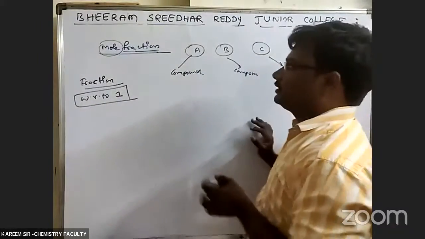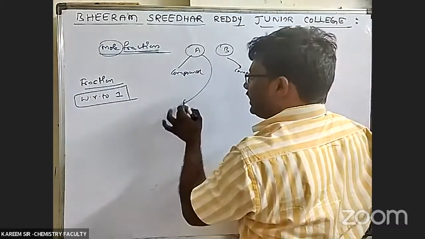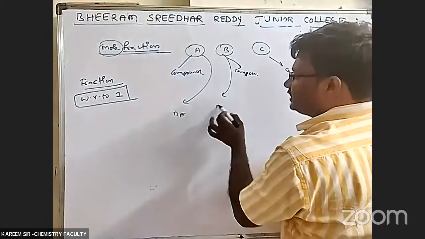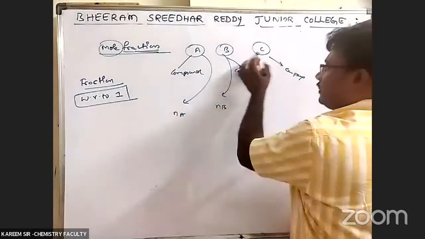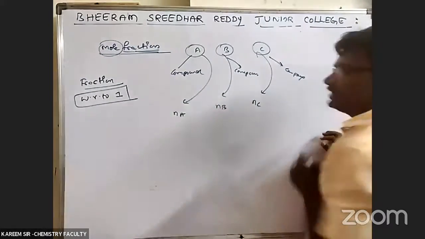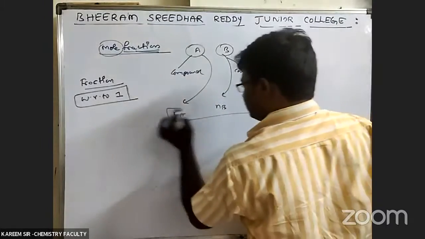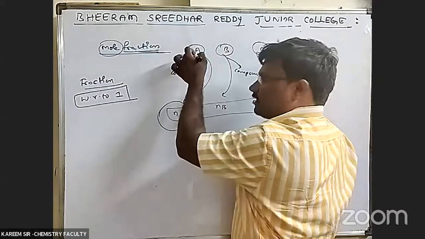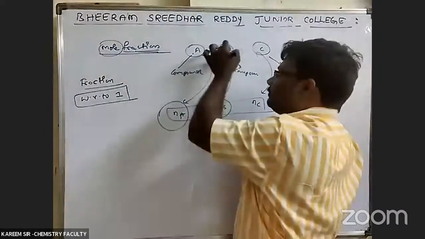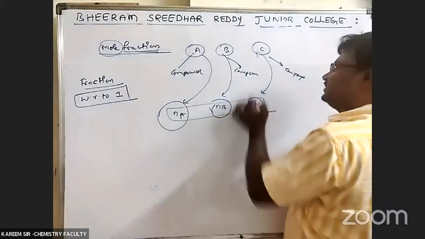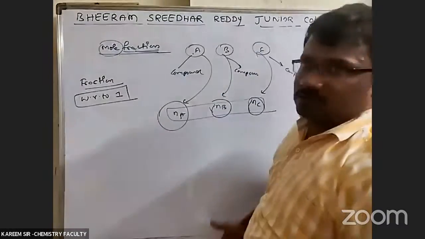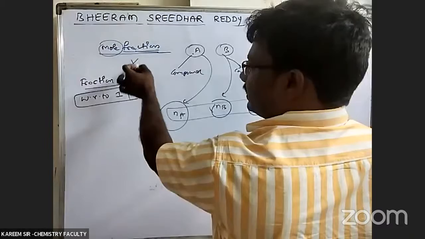Suppose compound A has number of moles Na, compound B has number of moles Nb, and compound C has number of moles Nc. You want to calculate mole fraction. The mole fraction is denoted by the letter X.